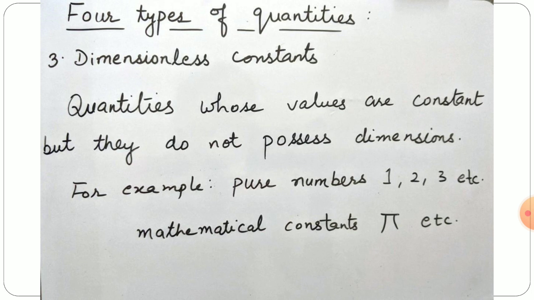The third type of quantities are dimensionless constants. These quantities are constants but they do not possess dimensions. For example, pure numbers 1, 2, 3, etc. They are constants but they do not possess any dimension. Pi, which is also a mathematical constant, does not possess any dimension.